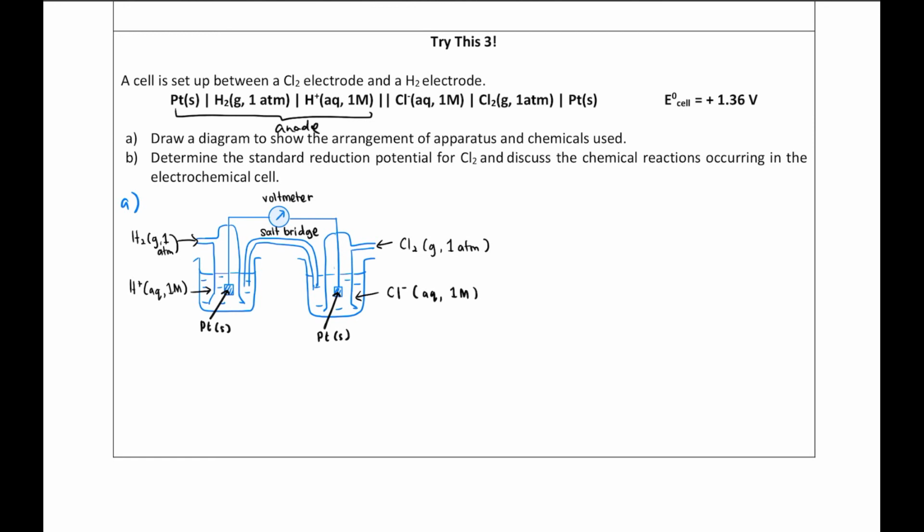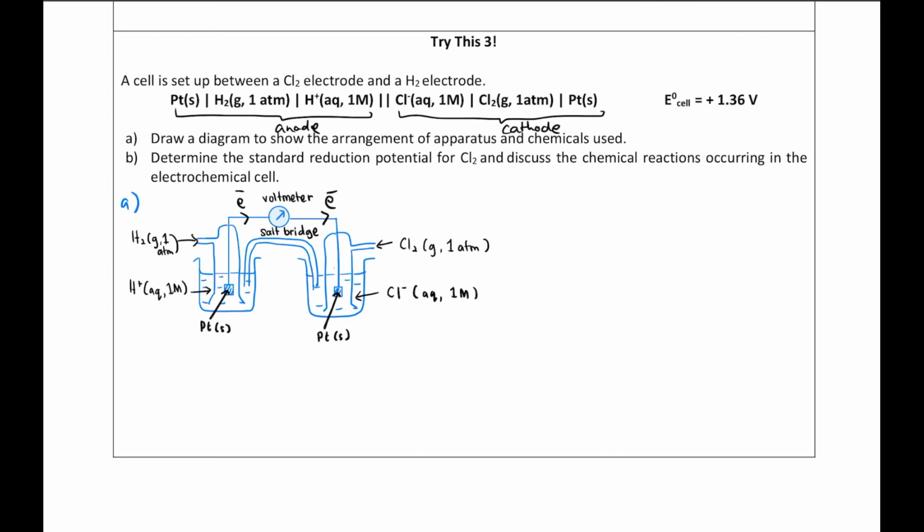Okay, so and then ini adalah cathode, and kita belajar electron flow from anode to cathode. Okay, so that's why bacaan voltmeter kita akan ke kanan lah. Okay, and talking about electron, so kita kena label juga electron flow tu. Okay, alright, so done drawing.